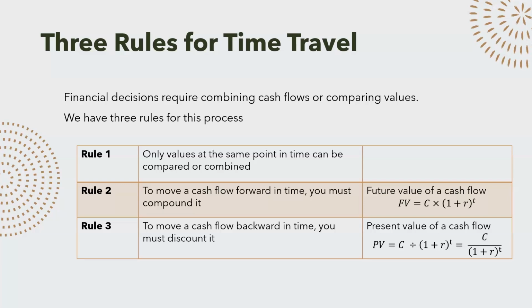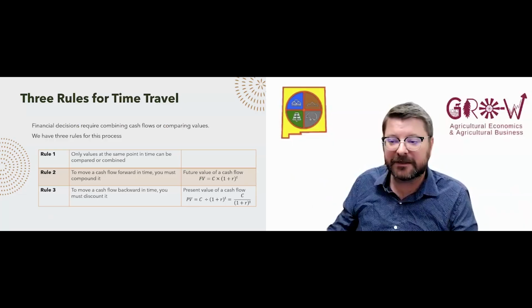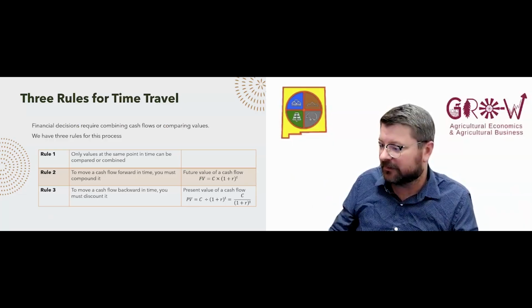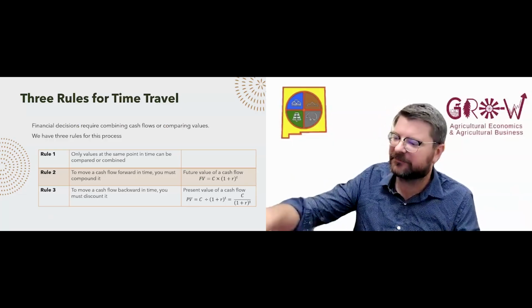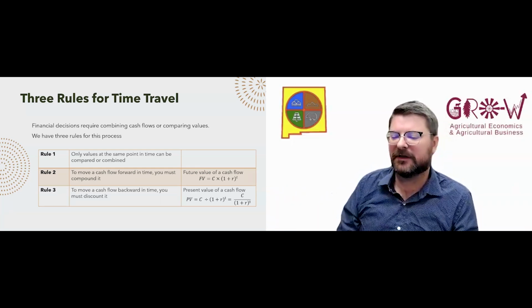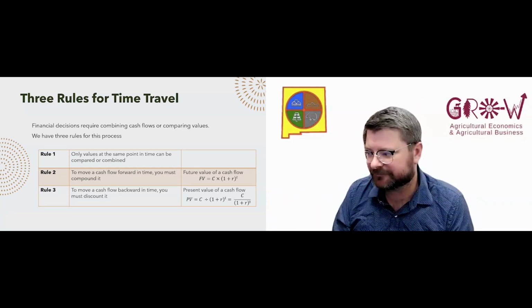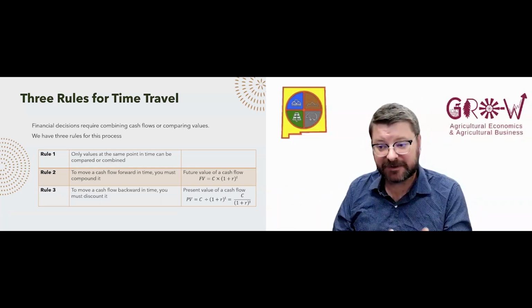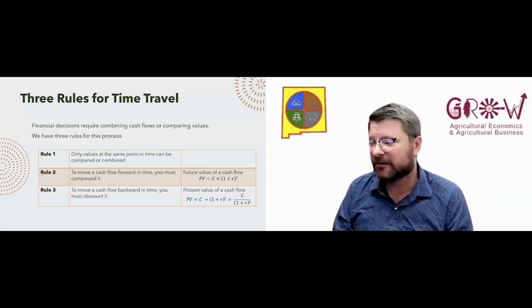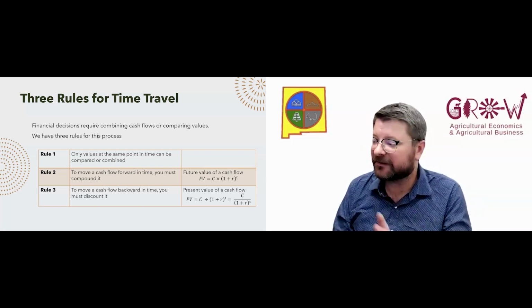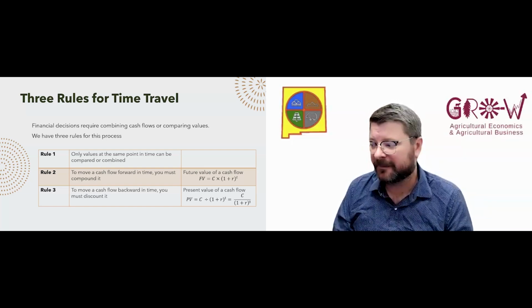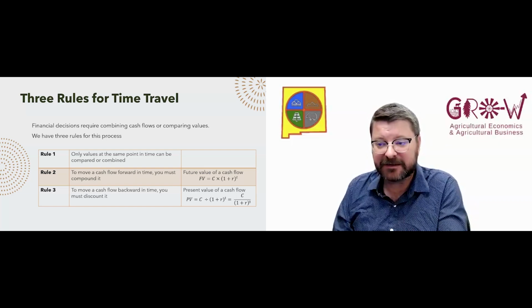So to move a cash flow forward in time, we have to compound it. So I can use my little formula here to figure out what the future value of those cash flows is. This looks complicated, but it really is not. So future value of a cash flow, FV, is equal to C, which is the initial amount of money that I have.